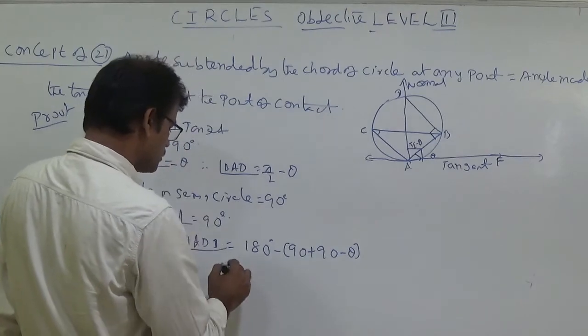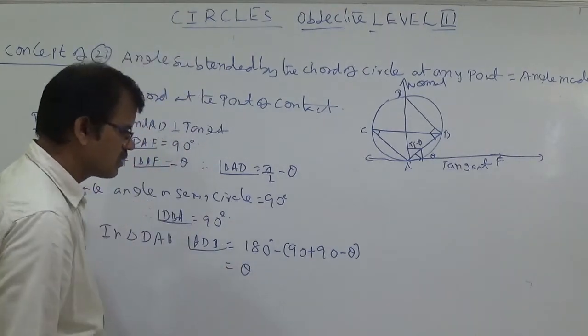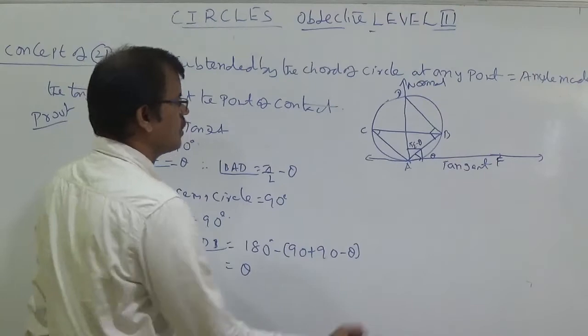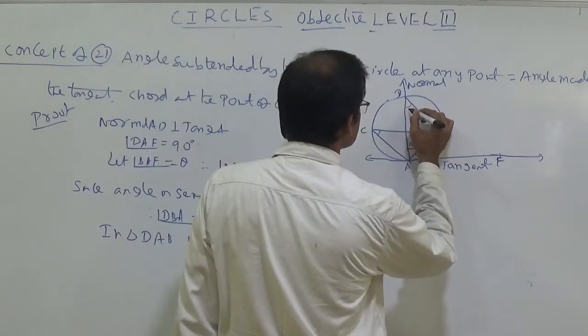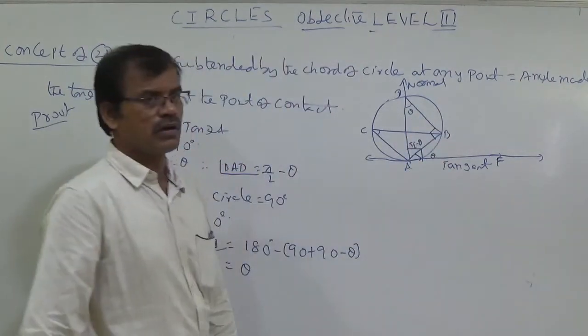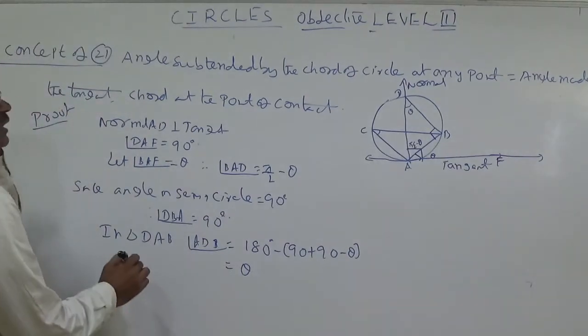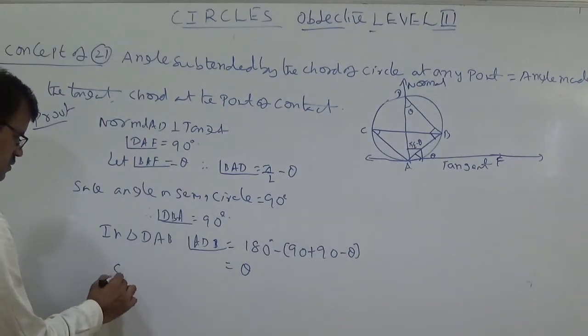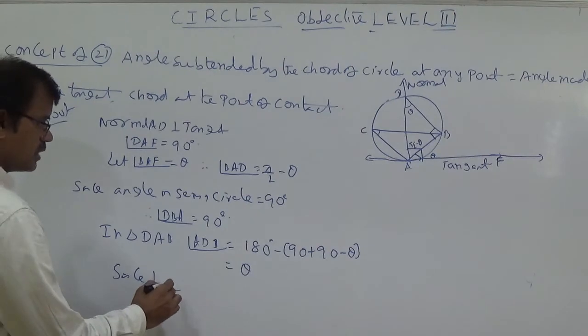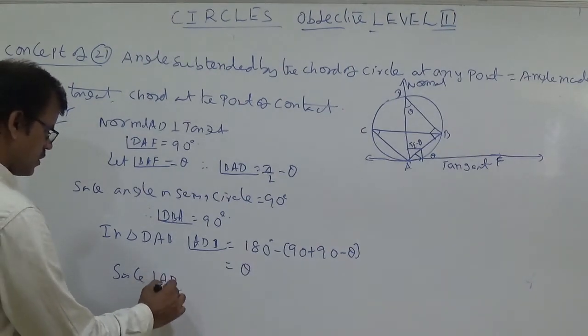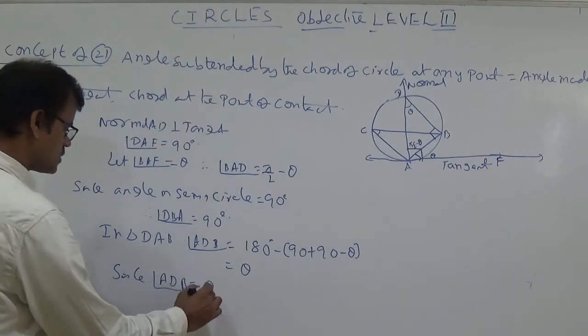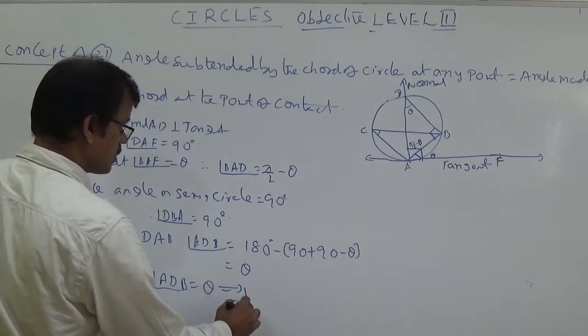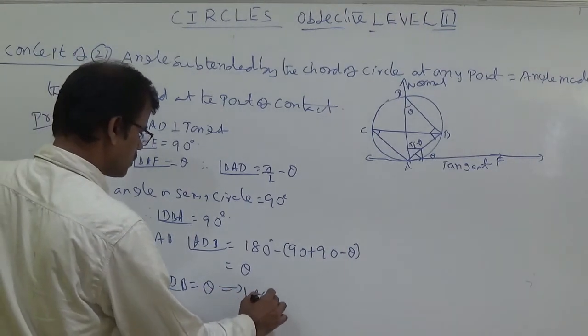What does it become? It becomes simply theta: 180 minus 180 plus theta. So you can put here this is theta. Since angle ADB is theta, that implies angle ACB is also theta.